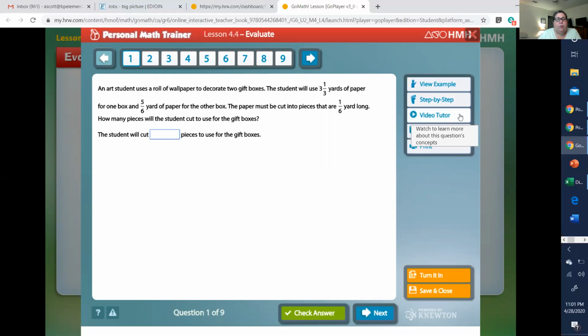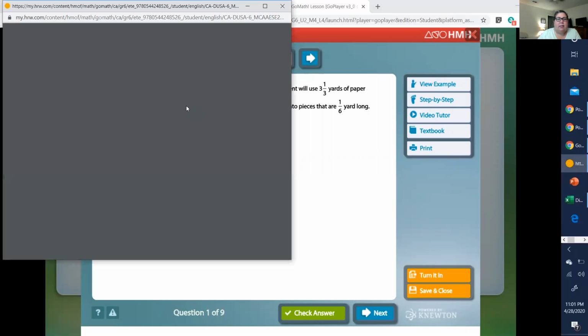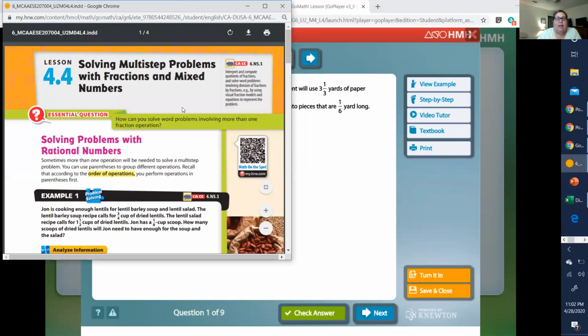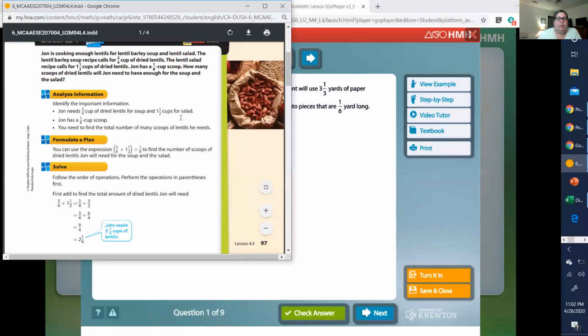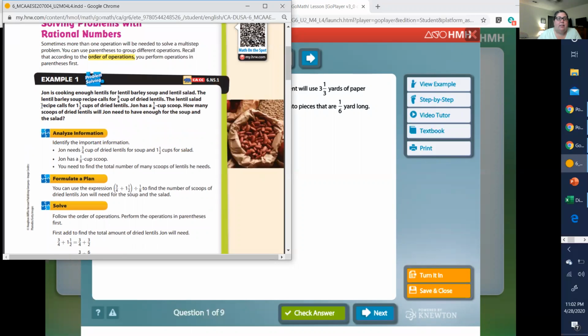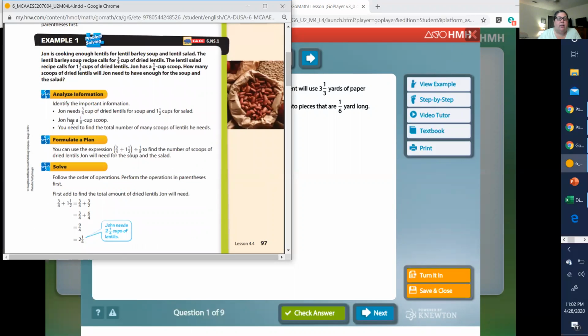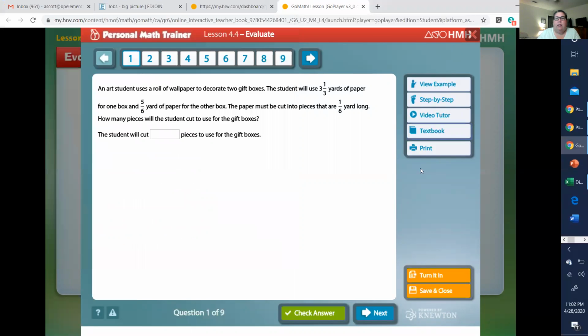You can look at a video tutor, a video that shows you how to solve it. You can look at a textbook. This is interesting because this actually looks at the exact page in the textbook that shows you where we were. Okay, so this is the same problem that we just did with John and the lentils. And if you need to print it just because it's easier, you can do that right there.